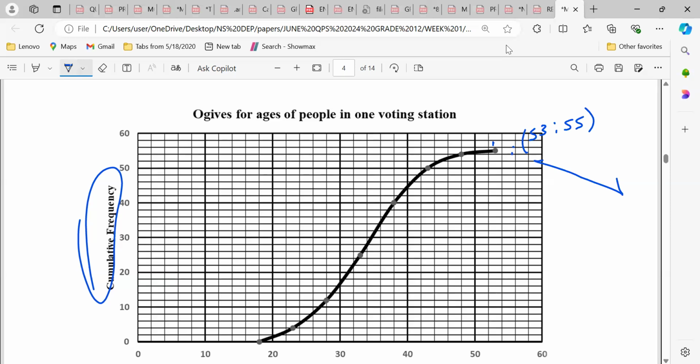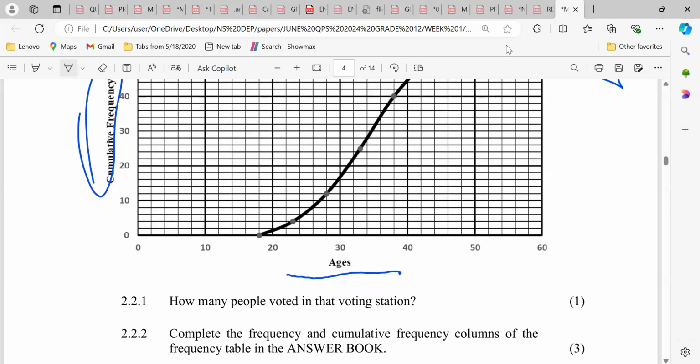Is it fine? So what is going to be the number of people? We said for the number of people we're not going to look at x, we're going to look at y. So the number of people that we have here is 55. And then you will give us a mark for that. Everyone is happy with that? Okay, we go to the next one.